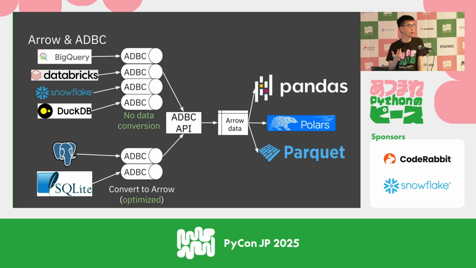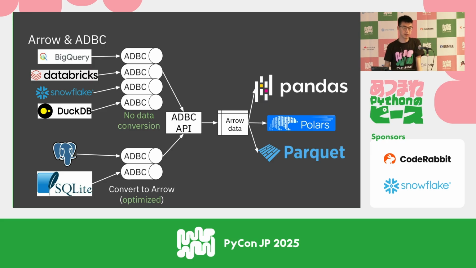Again, since you only have to worry about the ADBC API and the Arrow data format, you don't have to worry about whether the driver in the backend is doing data conversion or something. So again, that comes back to the idea of Arrow being this universal data format and ADBC being this universal data access API.